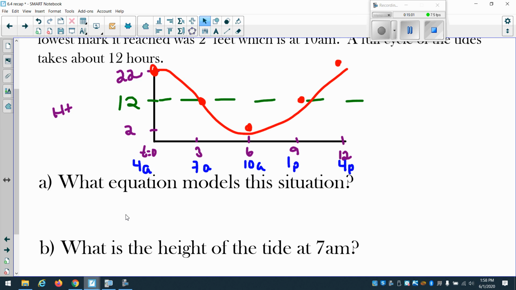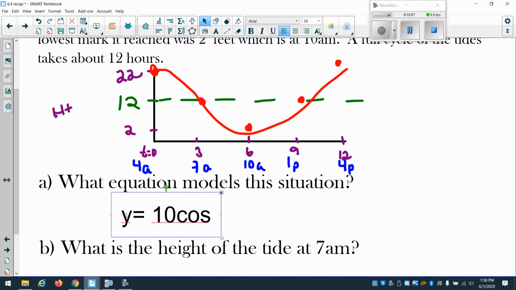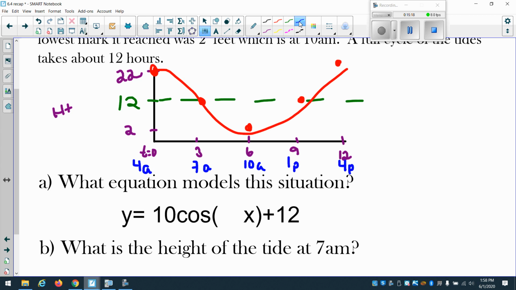So when we write this equation, we have y equals 10, which is our amplitude, cosine of bx plus 12. And we're going to be doing the same thing with finding the b value. So your period's 12, so 12 equals 2 pi over b.